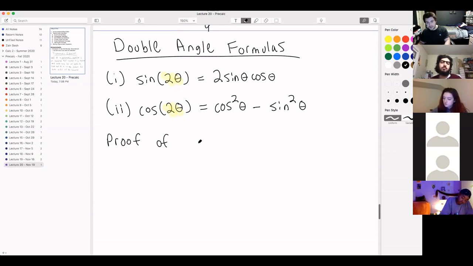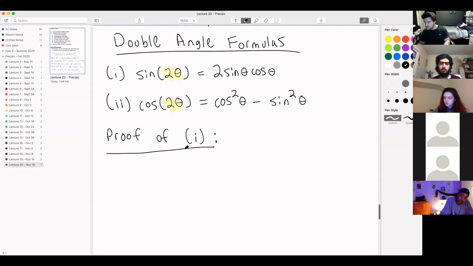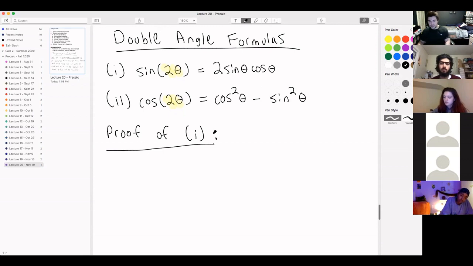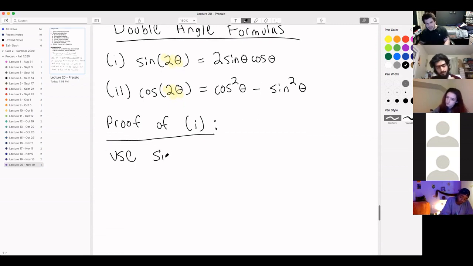Proof of 1. So here's the trick. You use, this is so awesome, you use this identity, sine of alpha plus beta, with the values alpha equals beta equals theta.